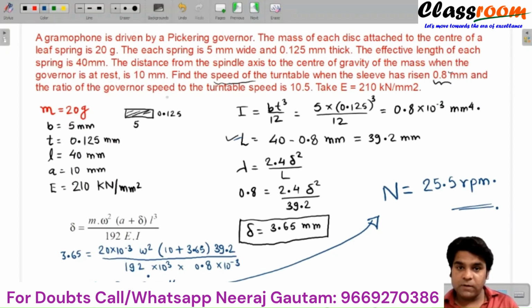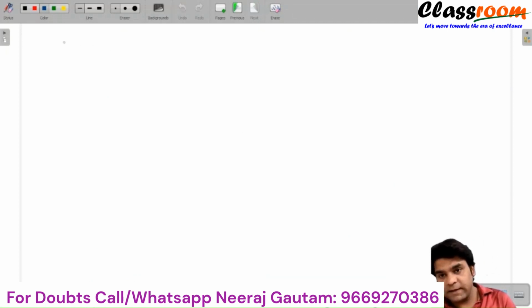Now we are given that the ratio of governor speed to the turntable speed is 10.5. We can use this data: the speed of governor divided by the speed of turntable equals 10.5.